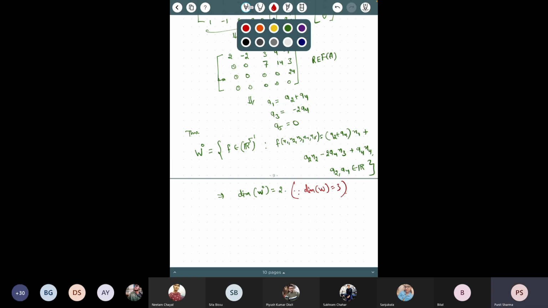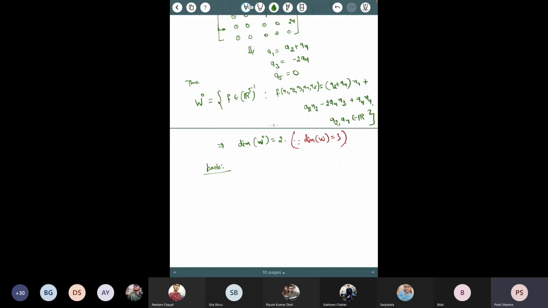Now we have to find a basis also for this. So how do we find a basis for this W naught? There are two free things, a2 and a4. I will first put a2 equal to 1 and a4 equal to 0. If I do this, I get a particular functional in W naught, let's call it f1.